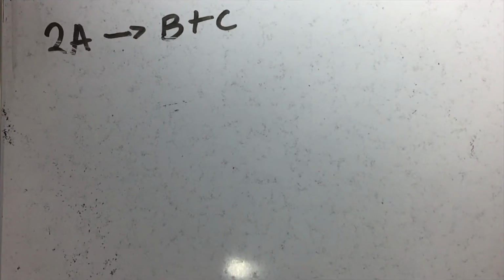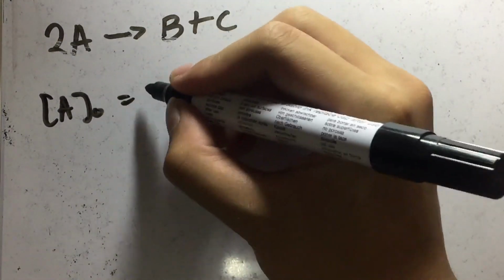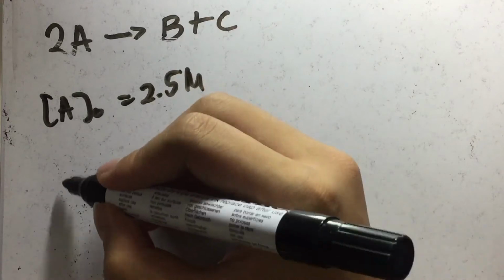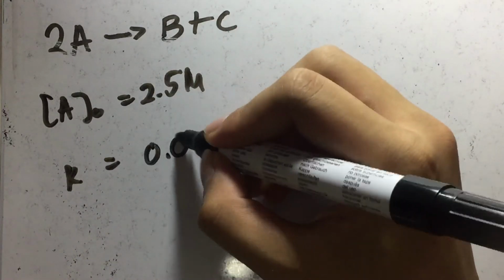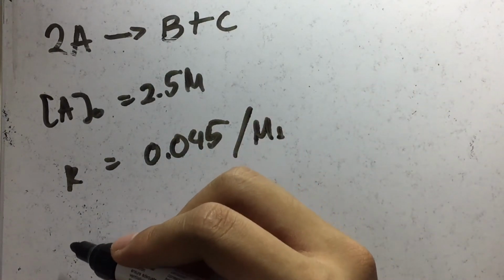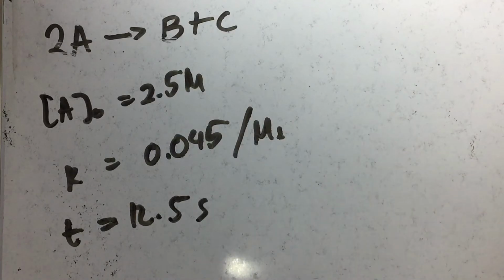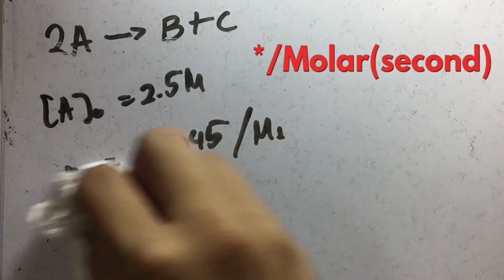Now let's again have a problem. Let's use the previous hypothetical reaction A dissociating into B plus C. For A's coefficient, we have 2. Now our A naught, or initial concentration, is still 2.5 molars, and the rate constant is 0.045 molars per second.